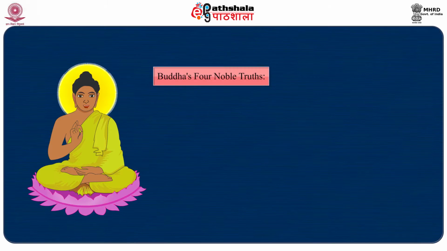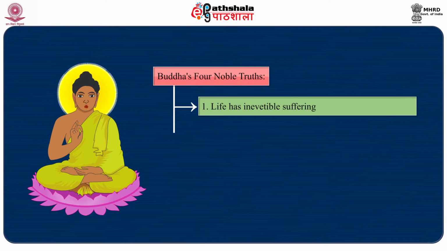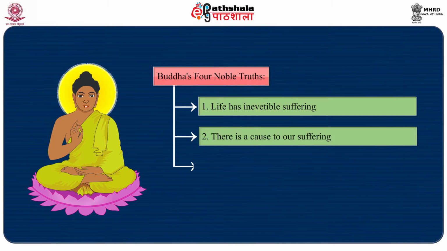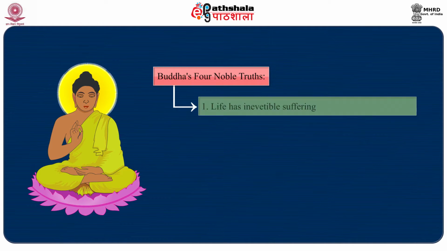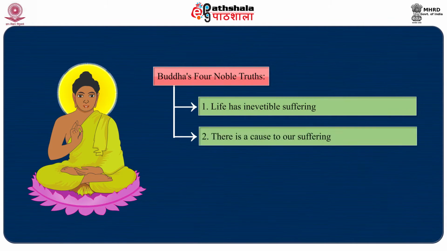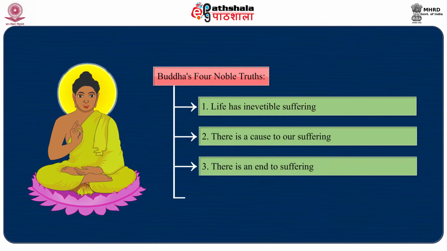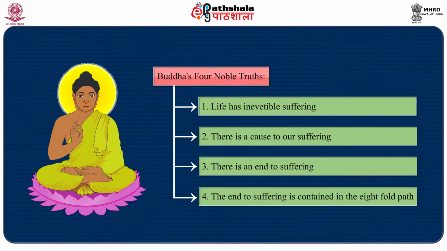When we talk about the Four Noble Truths, the first states that there is suffering, the second that there is a cause of suffering, the third that there is cessation of suffering, and the fourth that there is a path that leads to this cessation of suffering.